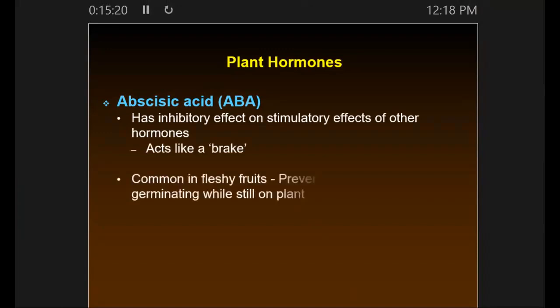In fruits, for example, as the seeds are developing in that fruit tissue, once the flower gets pollinated and fertilized, and the egg in the flower has been fertilized with sperm, that then kicks into fruit and seed formation.